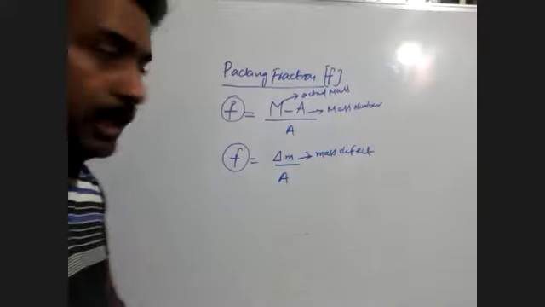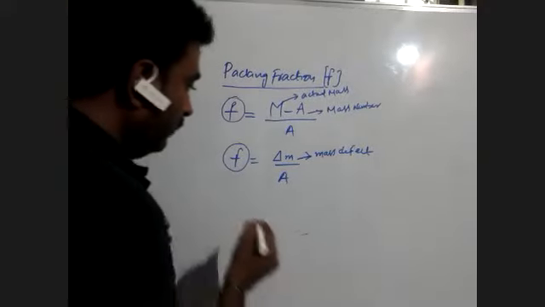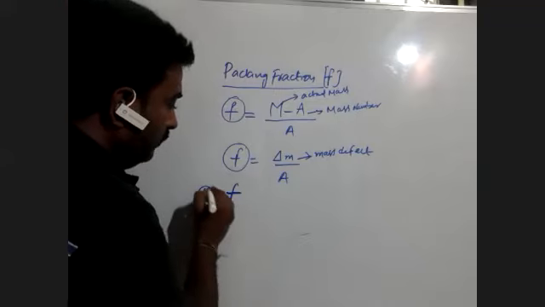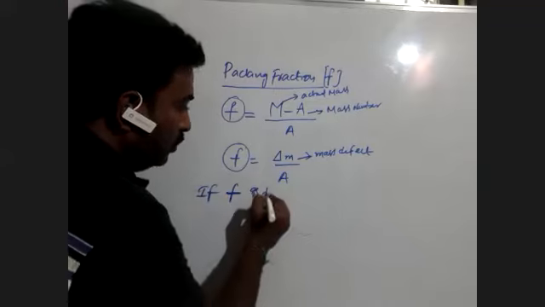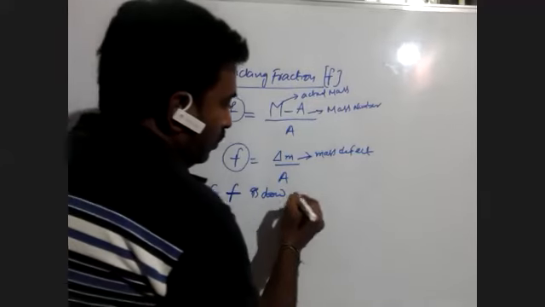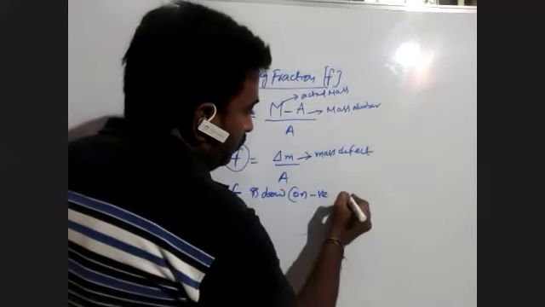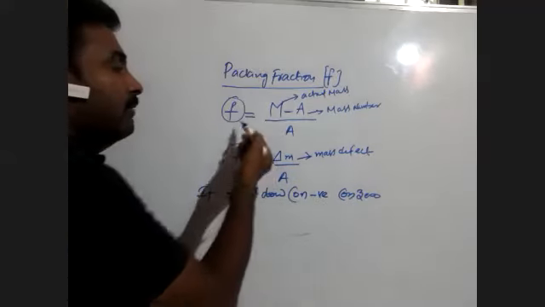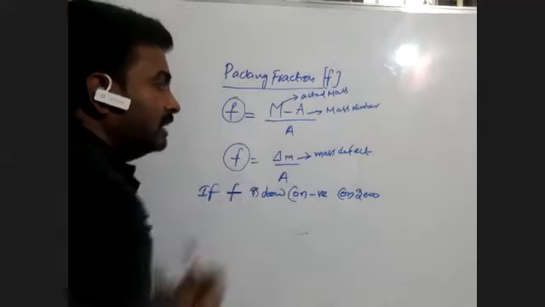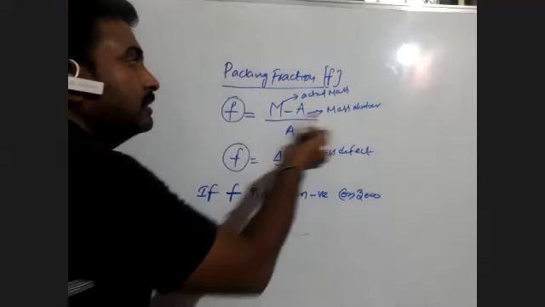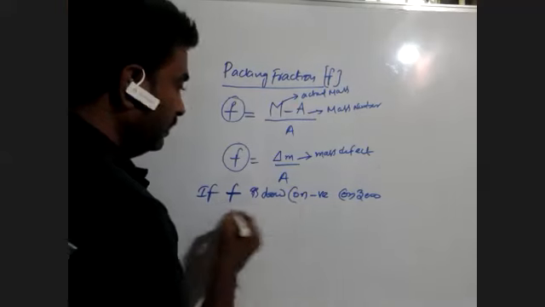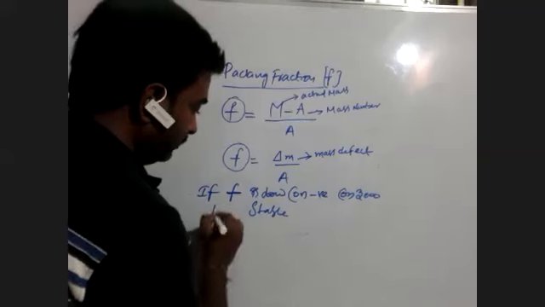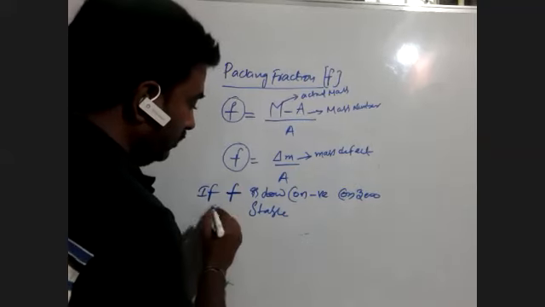Now, in case of stable nuclei, if it is highly stable, the F value is low. If F is low or negative or 0, that is, if the actual mass is less than the mass number, then it is a stable nucleus, highly stable or more stable.